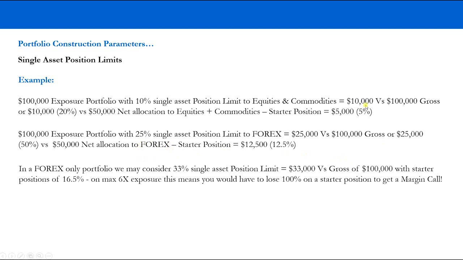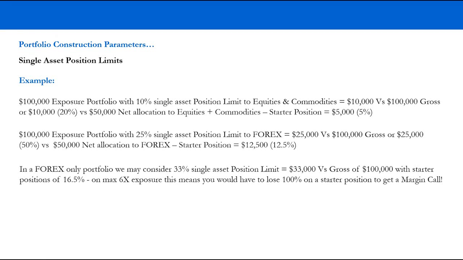If we apply the same principle as before, in terms of half our position limit being a starter position limit, then in Forex this would mean $12,500 as a starter position, or 12.5% of the overall portfolio as a limit for our starter positions to Forex.